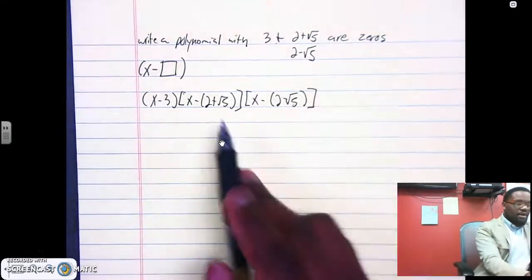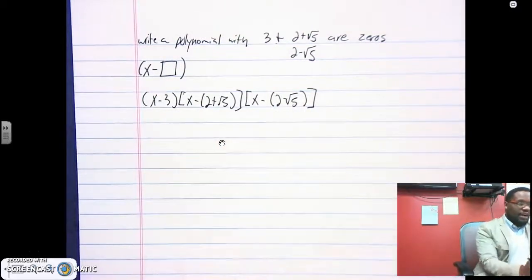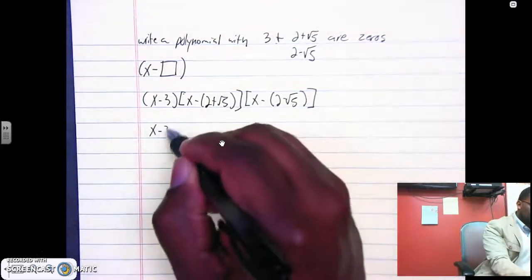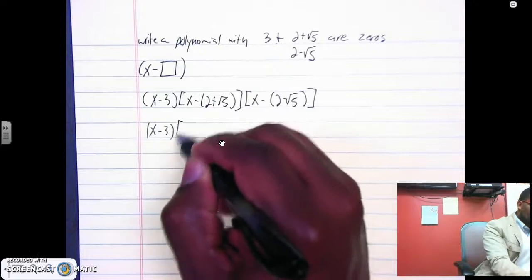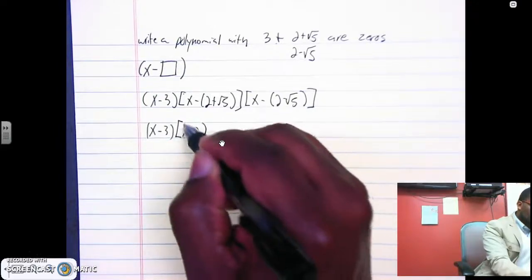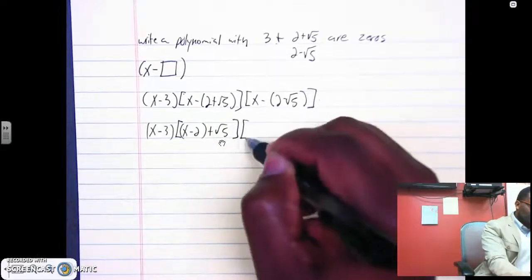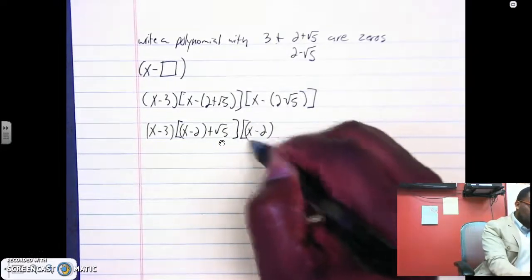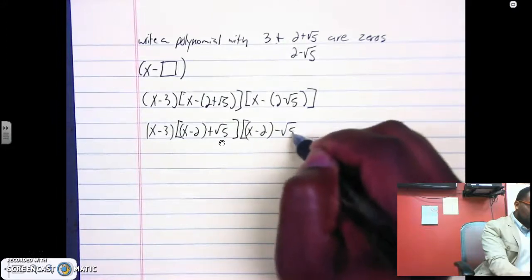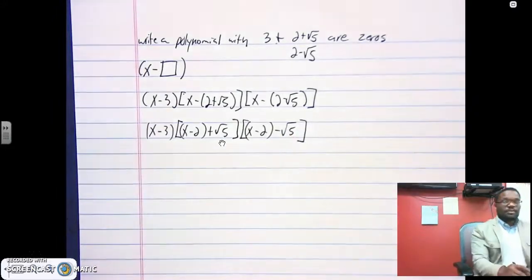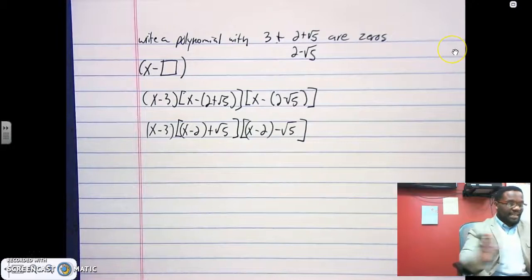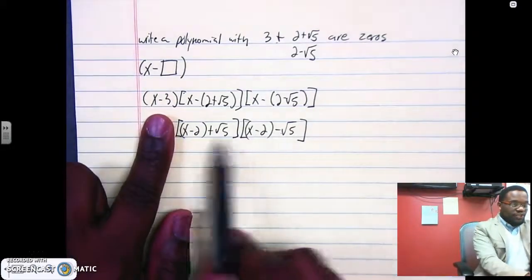Okay? Notice how I write these. It's very important. And also notice how I regroup them, because now this is going to become x minus 2 plus the square root of 5, and x minus 2 minus the square root of 5, which, just like the last problem, makes this to where I can actually just focus on these two.